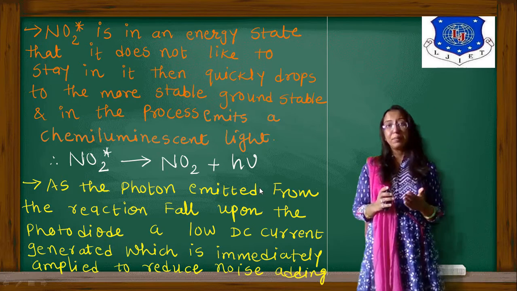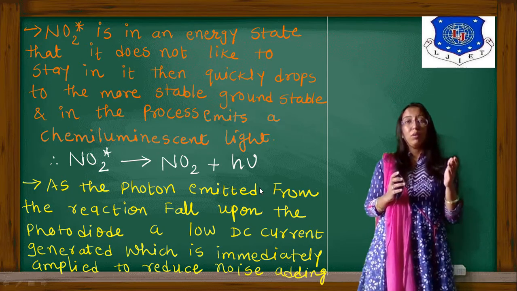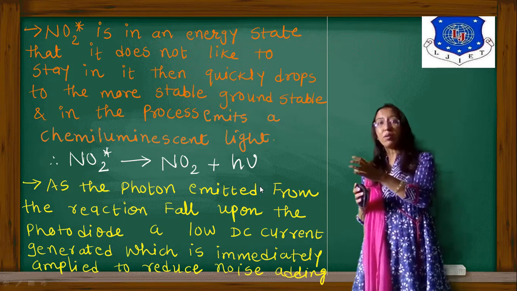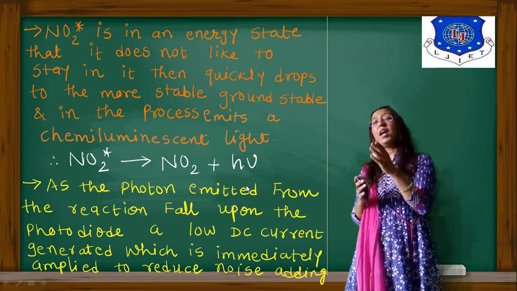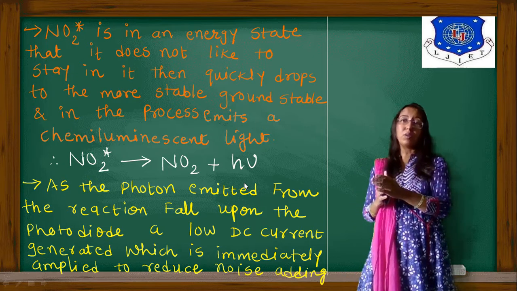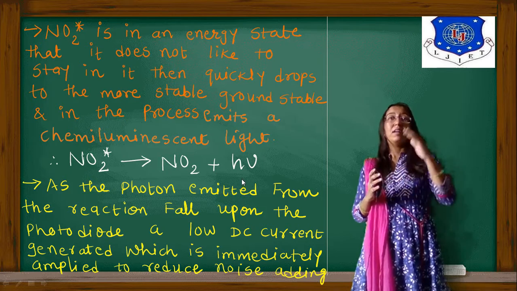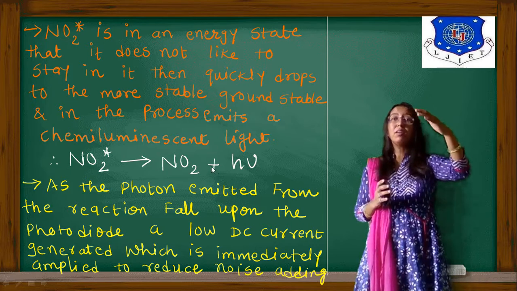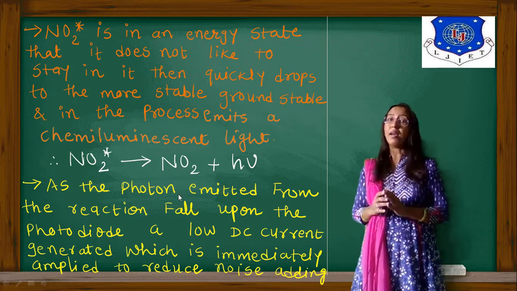So here, first we are converting NO to NO2, nitrogen oxide to nitrogen dioxide. When nitrogen oxide reacts with ozone, we get nitrogen dioxide plus oxygen. Then the nitrogen dioxide is in an excited state, and it emits chemiluminescence light and we get nitrogen dioxide.